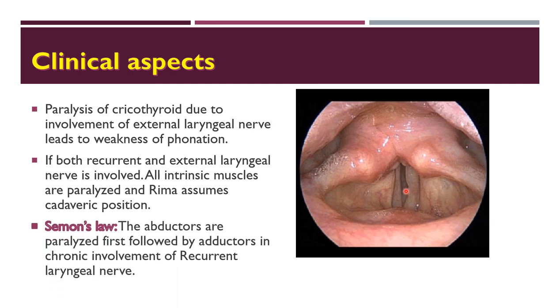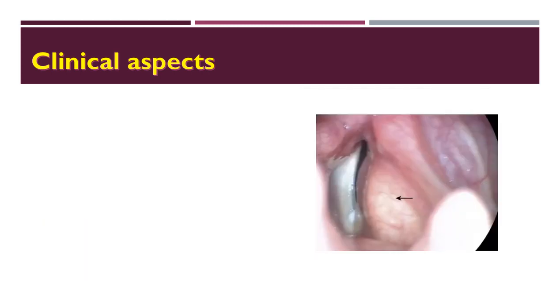Semon's law states that in chronic paralysis or involvement of the recurrent laryngeal nerve, first the abductors are paralyzed, followed by the adductors. This is one safety mechanism, because if the adductors were involved first, then naturally it might lie in the paramedian position.